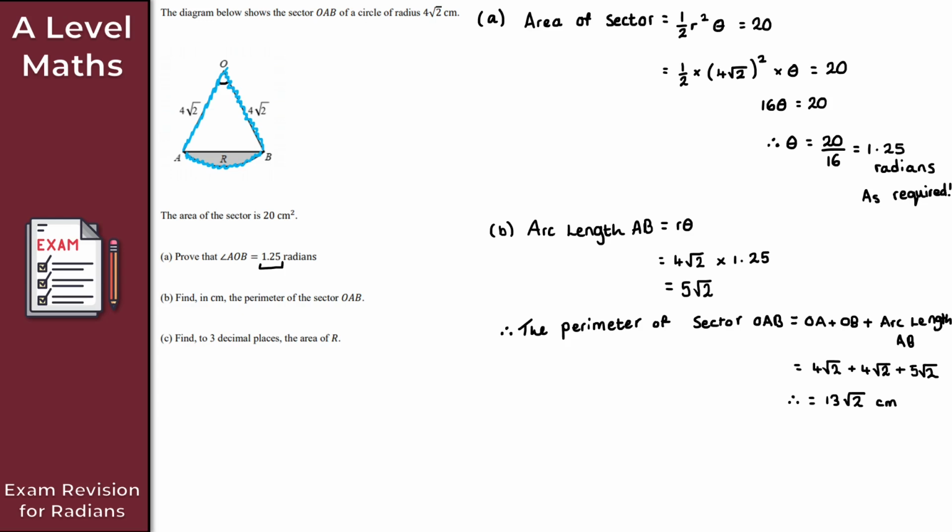To finish, let's have a go at the very last part of this question, part C. For part C, we want to find, to 3 decimal places, the area of R. So R is this shaded region here.